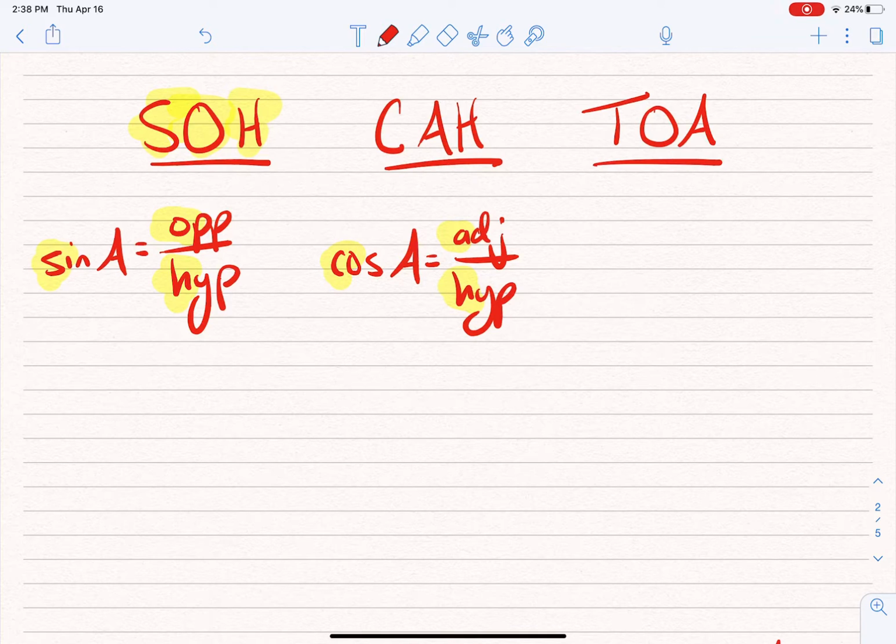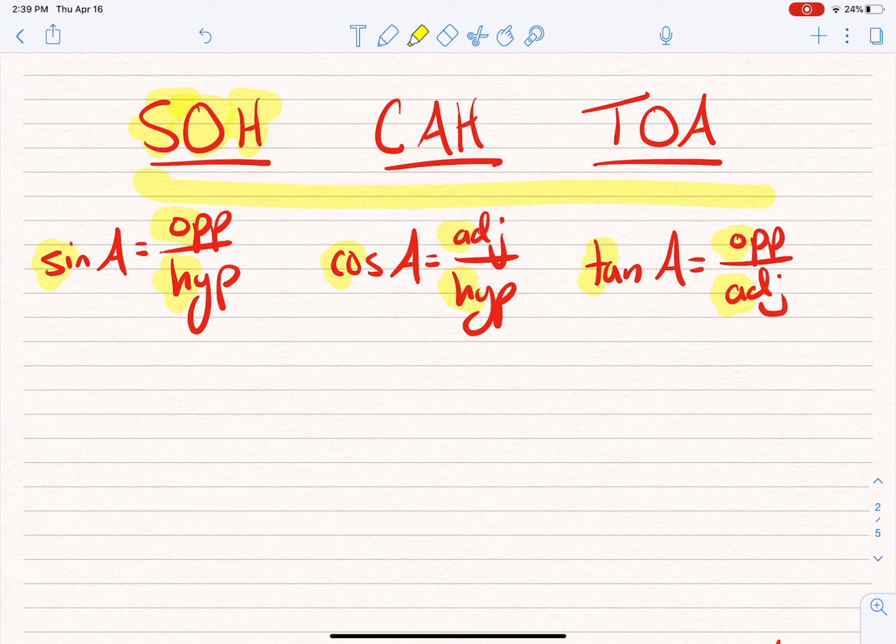And lastly, TOA means that the tangent of any angle is equal to the opposite over the adjacent. So if you remember SOHCAHTOA, then it's easy to remember the relationship that each trig function has with the sides of the triangle.